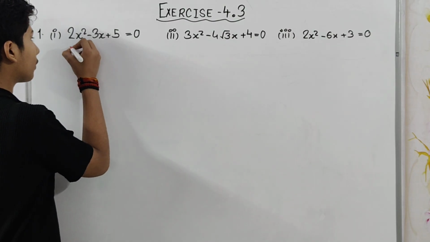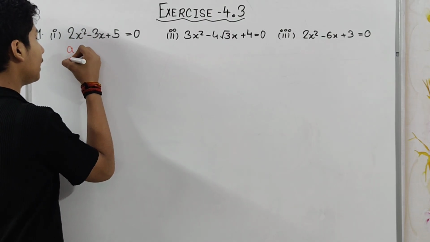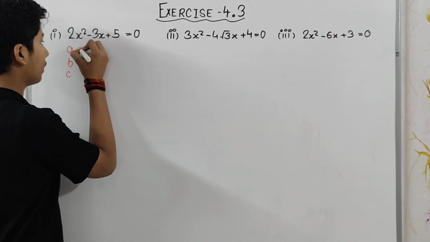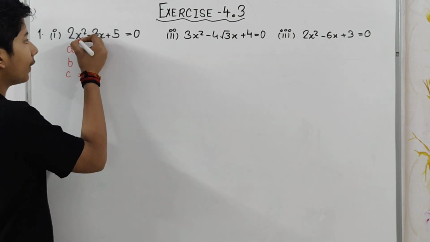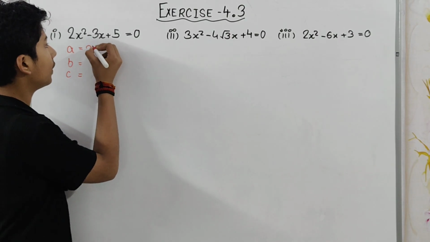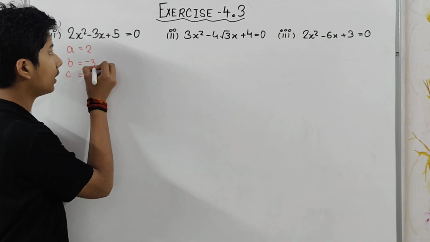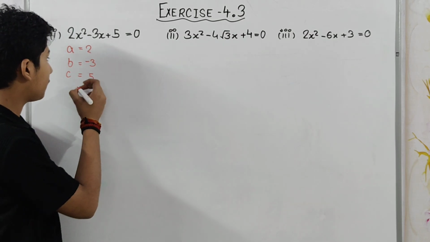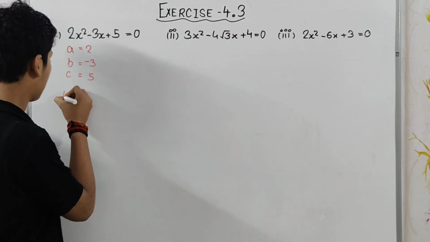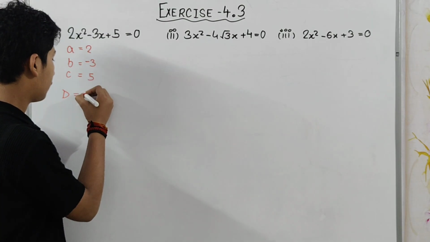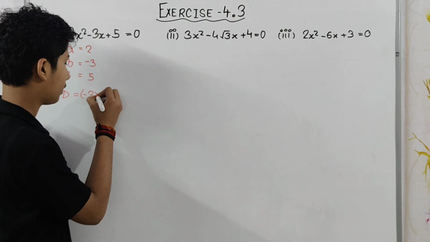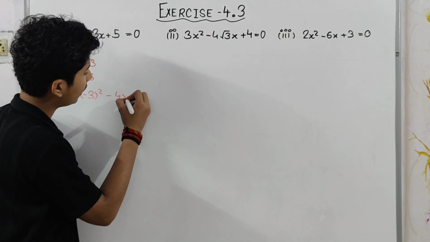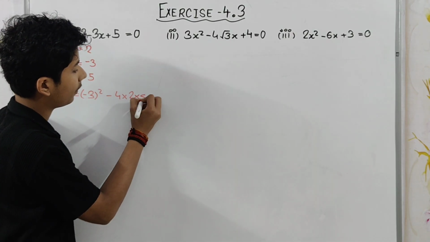Okay, so 2x square. Here a is 2, b is minus 3, and c is 5. So b square minus 4ac will be D equals minus 3 square minus 4 into 2 into 5.